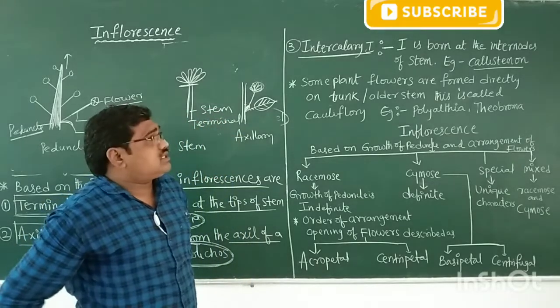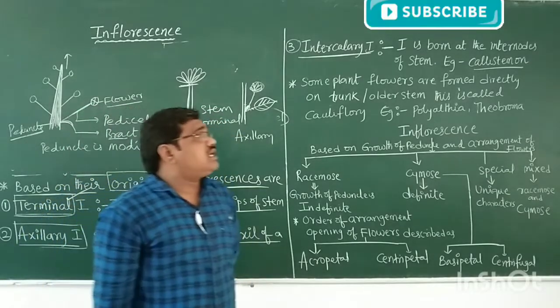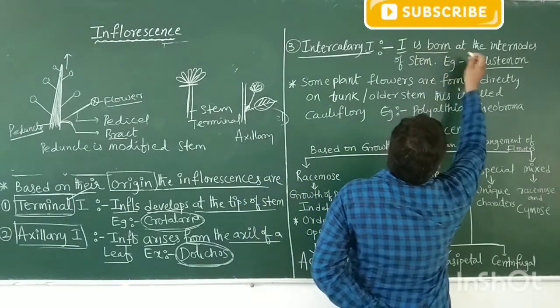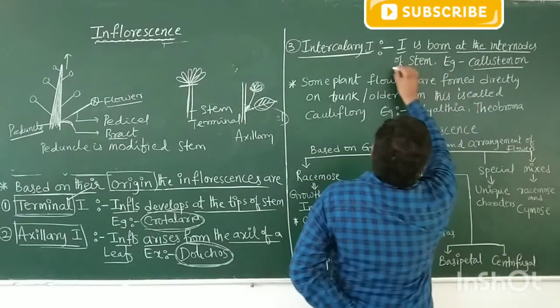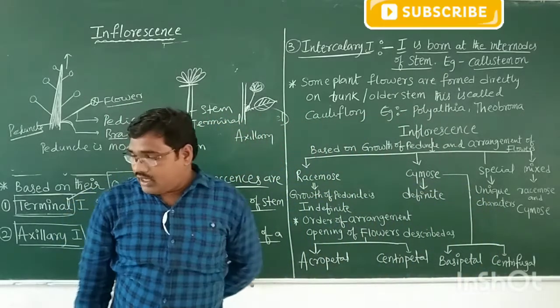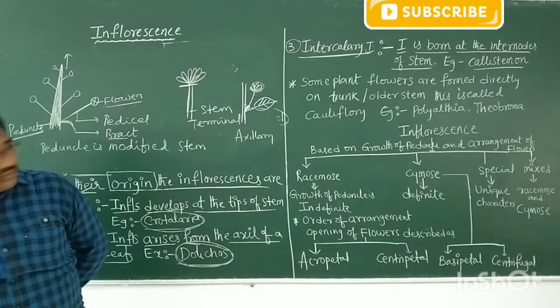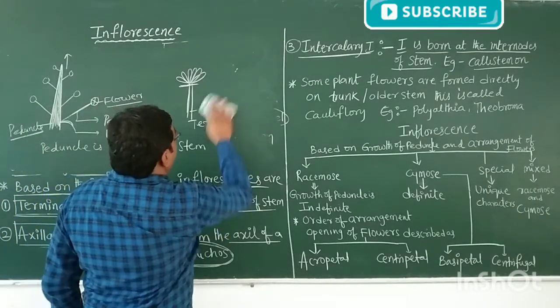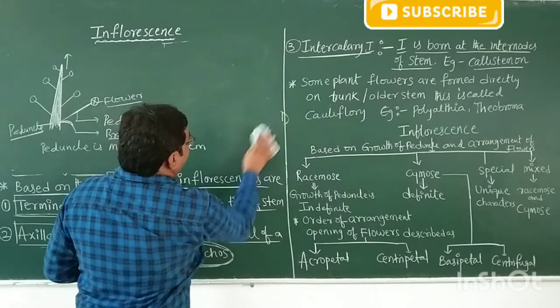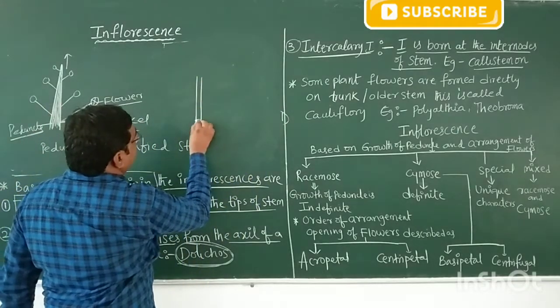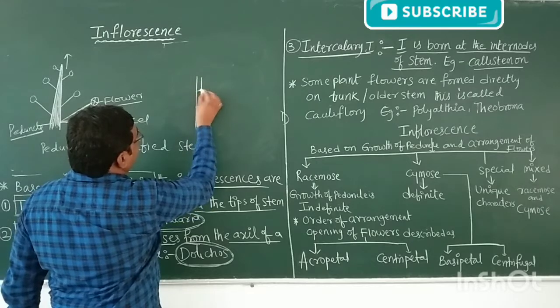Next, intercalary inflorescence. Intercalary inflorescence means the inflorescence is born at the internodes of the stem. See, this is the stem, this is a node, and this is another node.